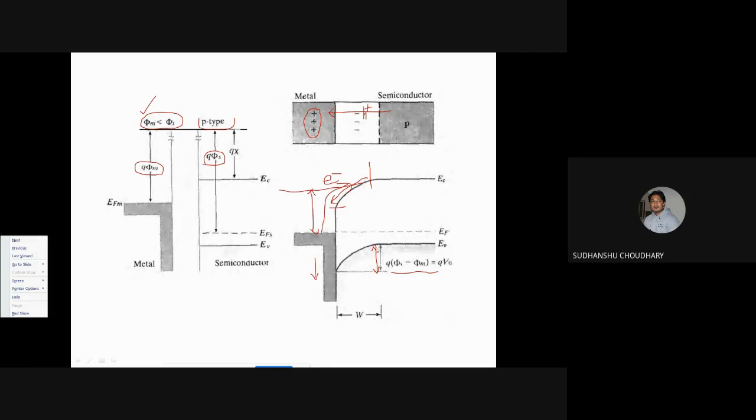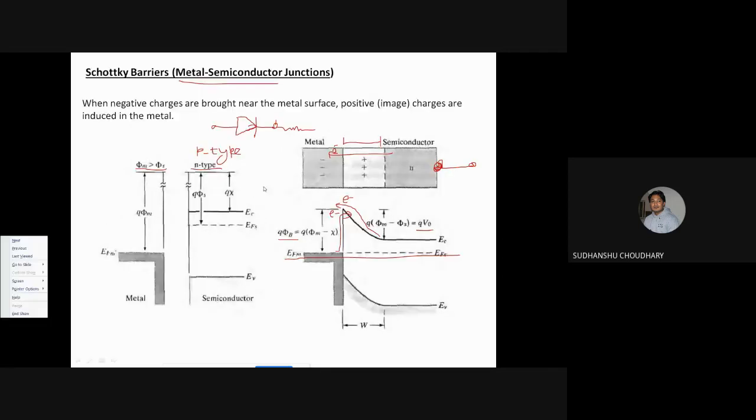And holes, if they try to move from the P side to the metal side, see this much barrier. Now again, this barrier can be reduced by application of forward bias, and this device can be made conductive by application of forward bias.